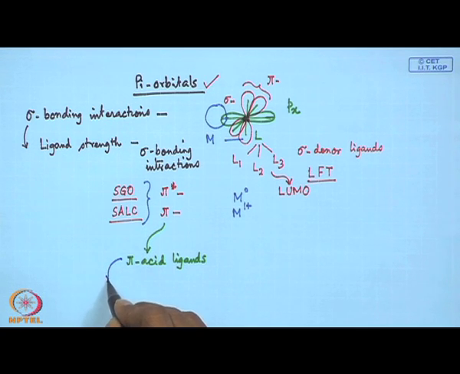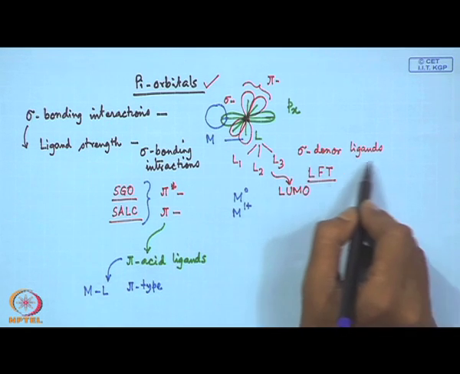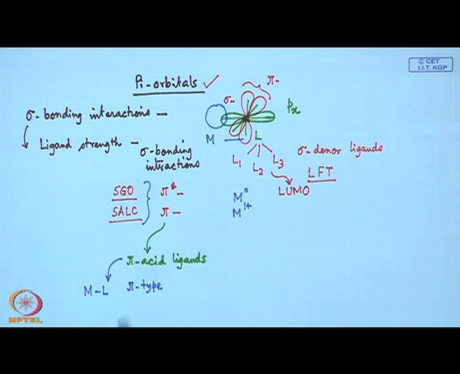That means these interactions we are talking about all the time, the corresponding metal and the ligand interaction, and the interaction is pi type. So, how can we get these pi type interactions involving those ligands which are of special type completely different from the sigma type ligands? They will interact with the metal involving some other orbitals from the metal ion side.